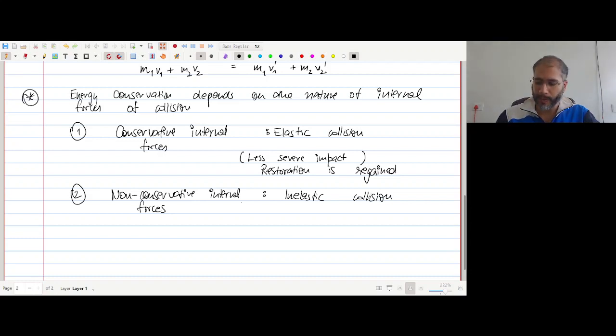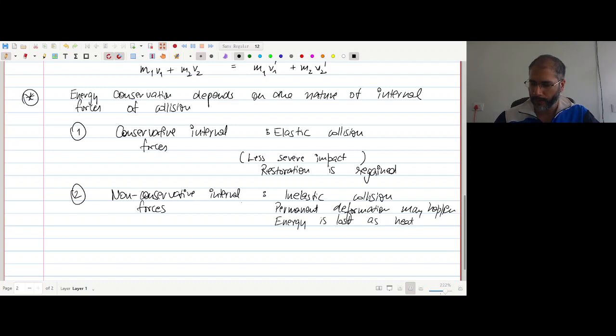In this case we may get permanent deformation, and energy is lost as heat or sound, and also sometimes as elastic waves that get dissipated in the object.